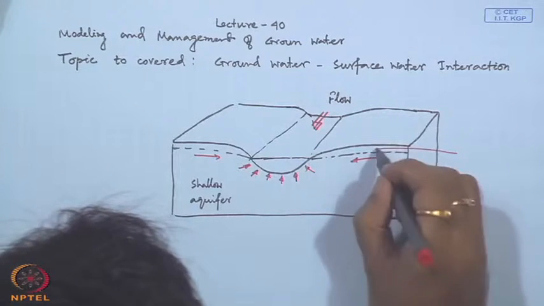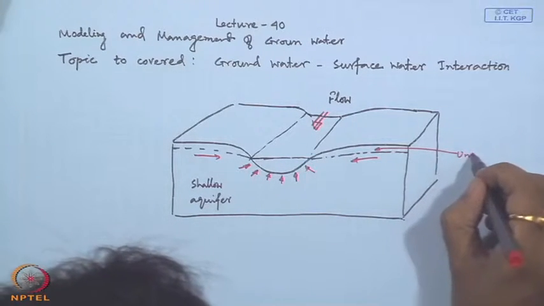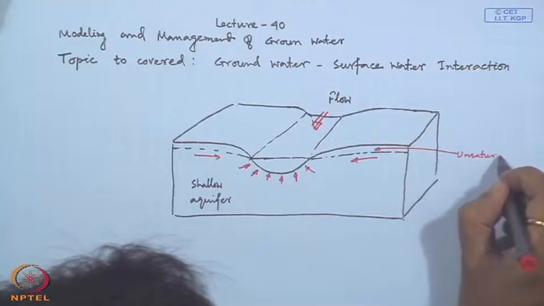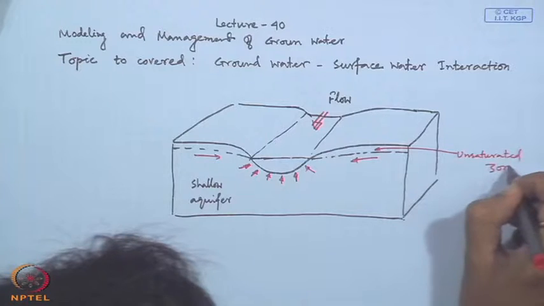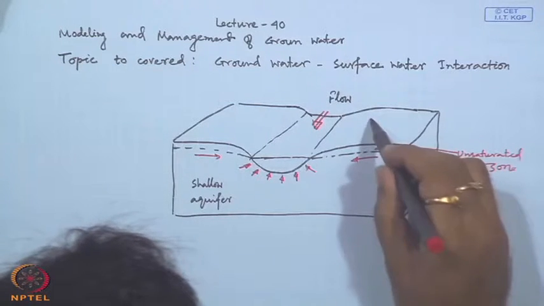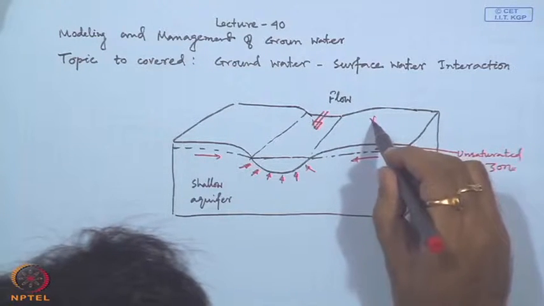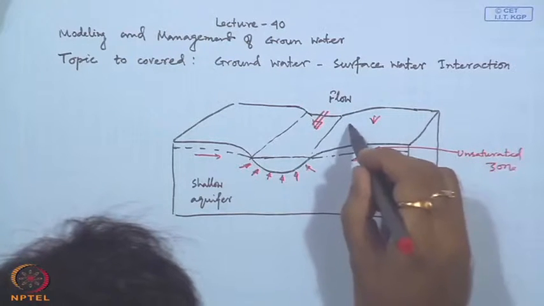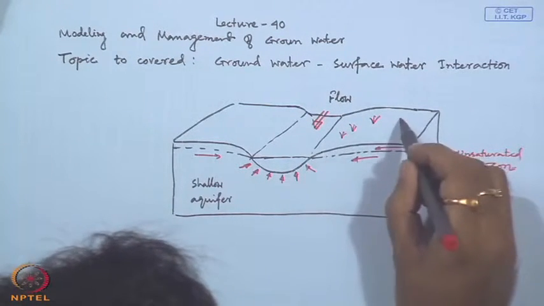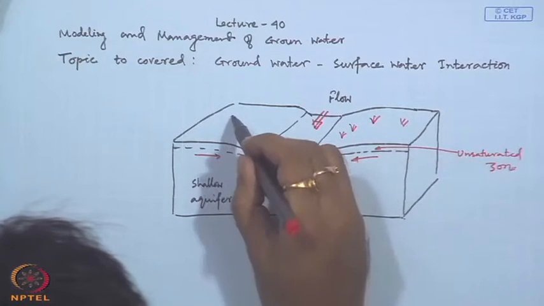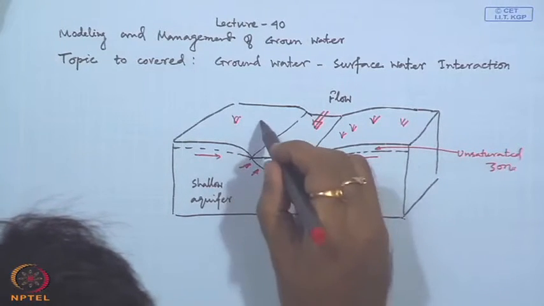Again we have an unsaturated zone here, and this is basically the top cover, so grass cover or any other kind of cover is there on both sides.